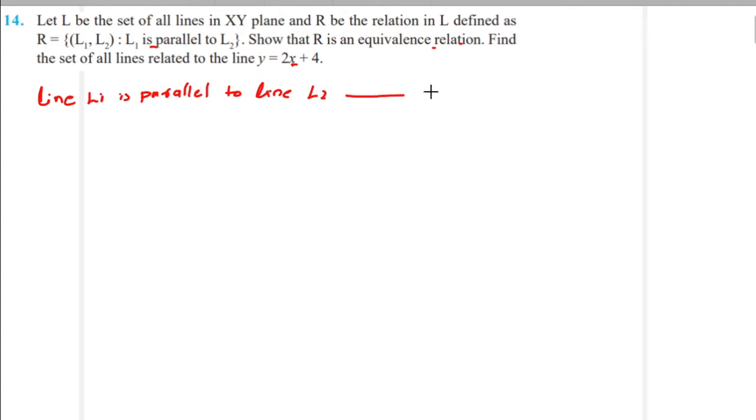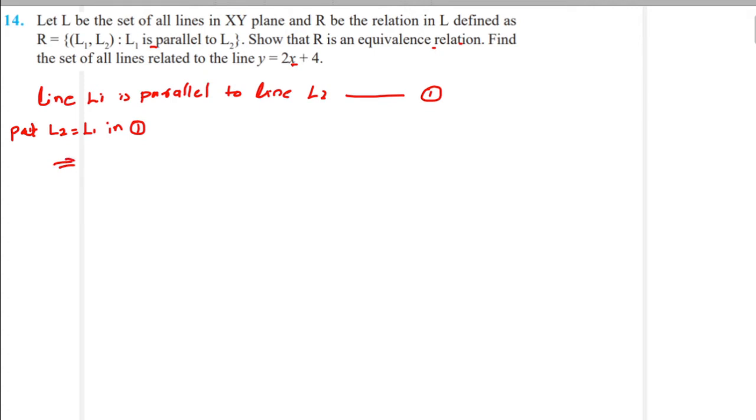So we have to show this R is an equivalence relation. First we show R is reflexive. So put L2 equal to L1 in statement 1.